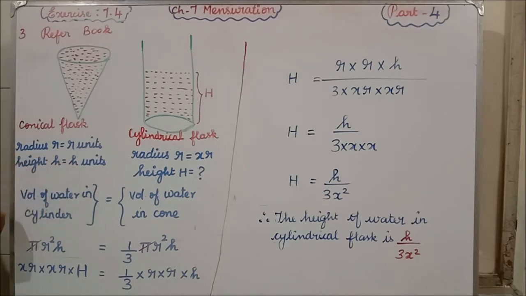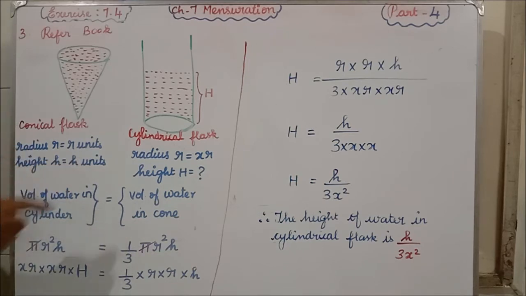Now, what we have to do? Volume of water in the cylinder is equal to volume of water in the cone. Okay, whatever volume I am having in the cone, the same amount of water I am transferring into the cylindrical flask, isn't it? So both the volumes are equal. So what is the volume of the cylinder formula? Pi r square h is equal to the volume of the cone, which is 1 by 3 pi r square h.